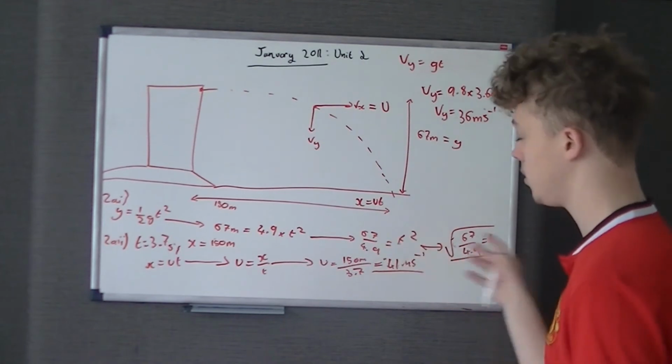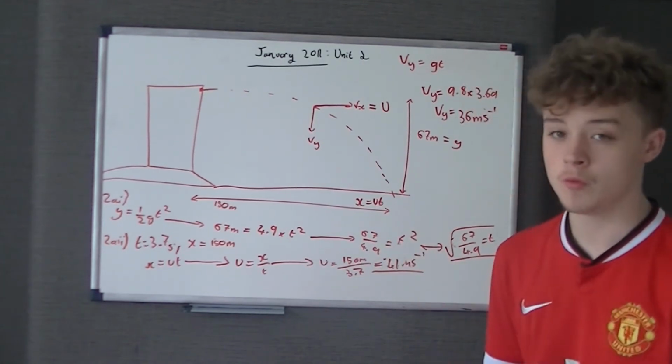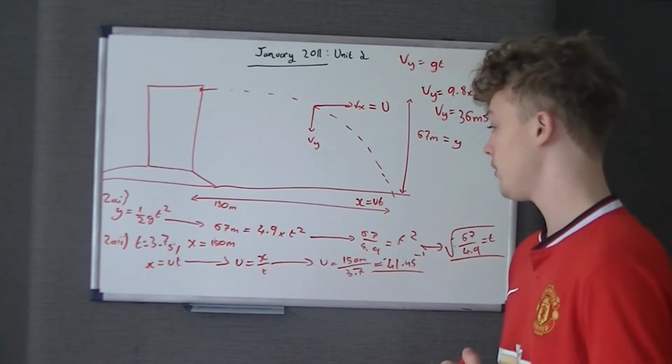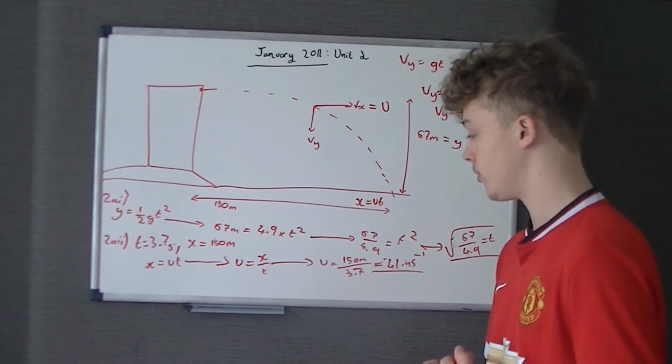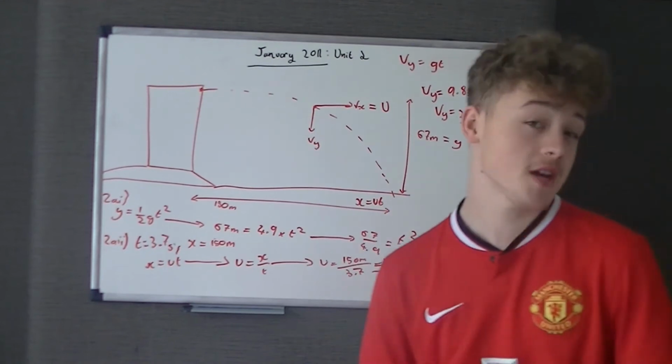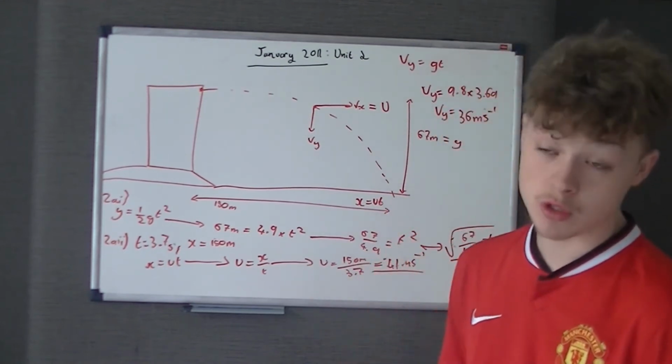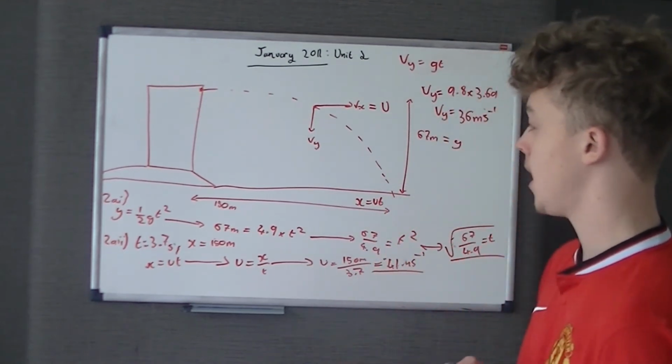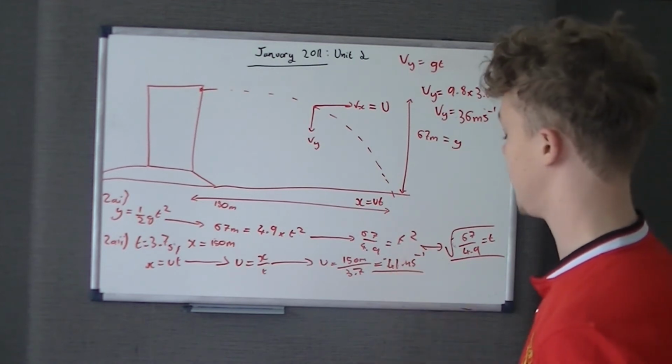The horizontal velocity is always u because it's not changed by gravity. So the only logical thing for us to do is work out the resultant velocity at the end, which is what the next question asks us.